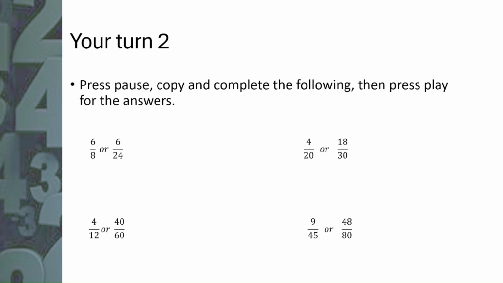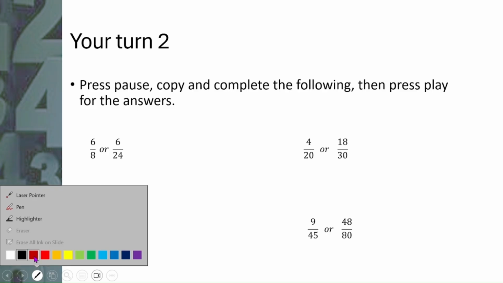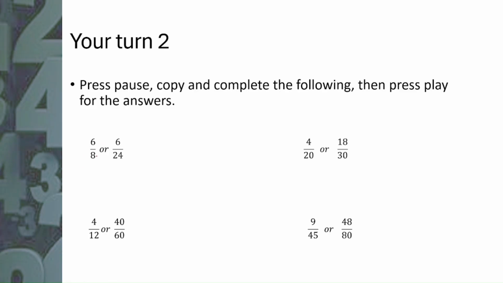Okay, let's just take a look and see what is going on here. I'm looking at the very first example, top left-hand corner, which is biggest, 6 over 8 or 6 over 24. So again, I need to write these so they have a common denominator. And to do that, we need to find an equivalent fraction. Now, just like the previous slide, we've got options on this one. So we can times this by 3 to get 24, which means we times this by 3, give me 18.